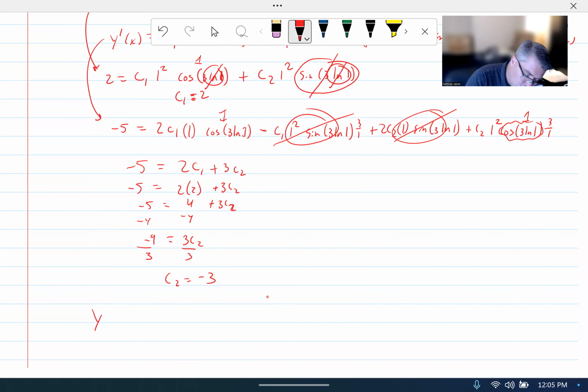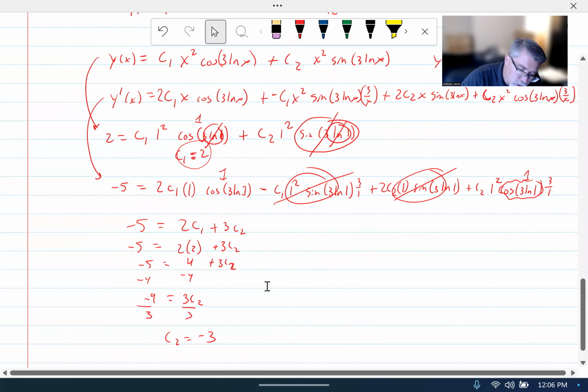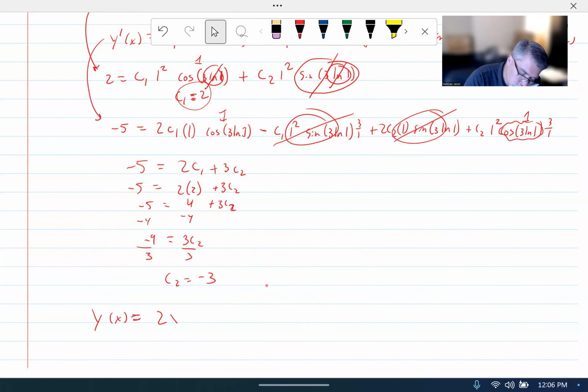So that tells me that y of x is equal to C1, which was 2, times x squared cosine of 3 natural log of x, minus 3 x squared times the sine of 3 natural log of x.